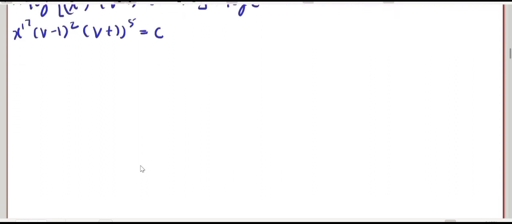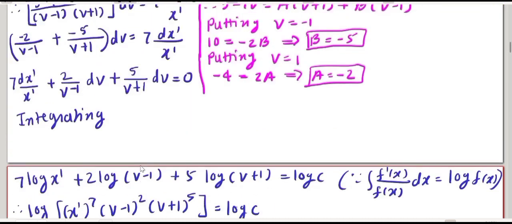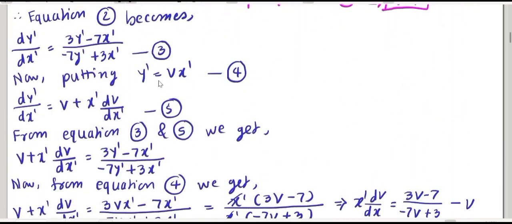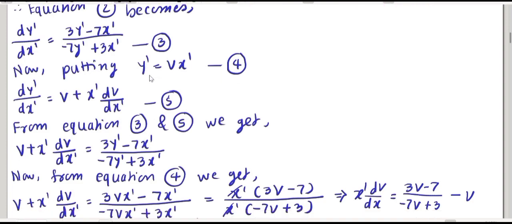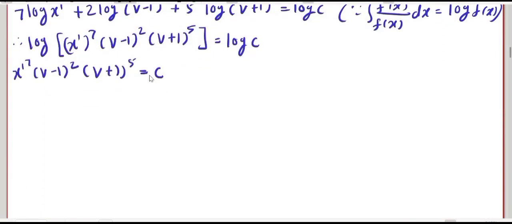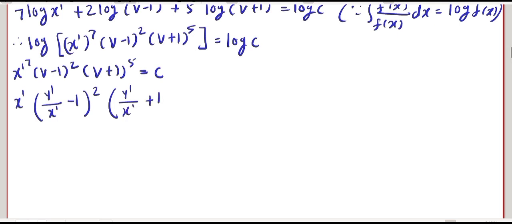Now by equation number 4, where we put y' is equal to vx', the value of v is y' divided by x'. So substituting the value of v, we get x' raised to 7 into (y'/x' - 1) square into (y'/x' + 1) raised to 5 equal to c.